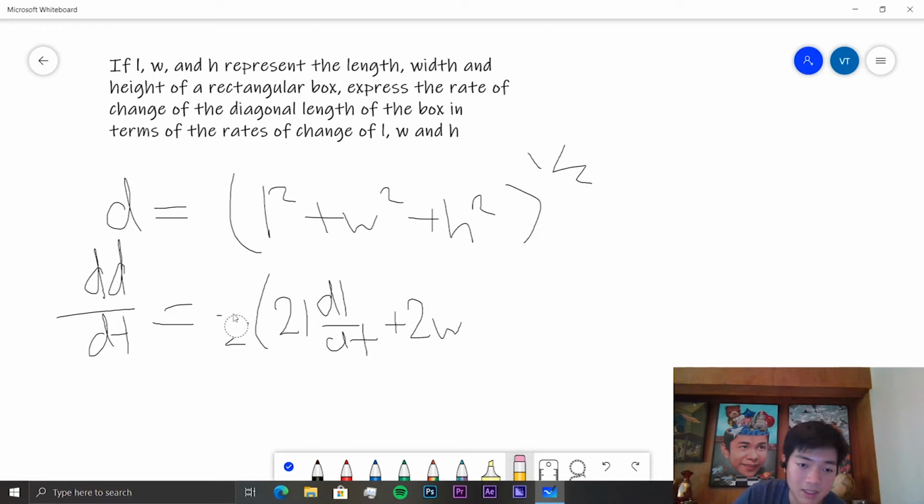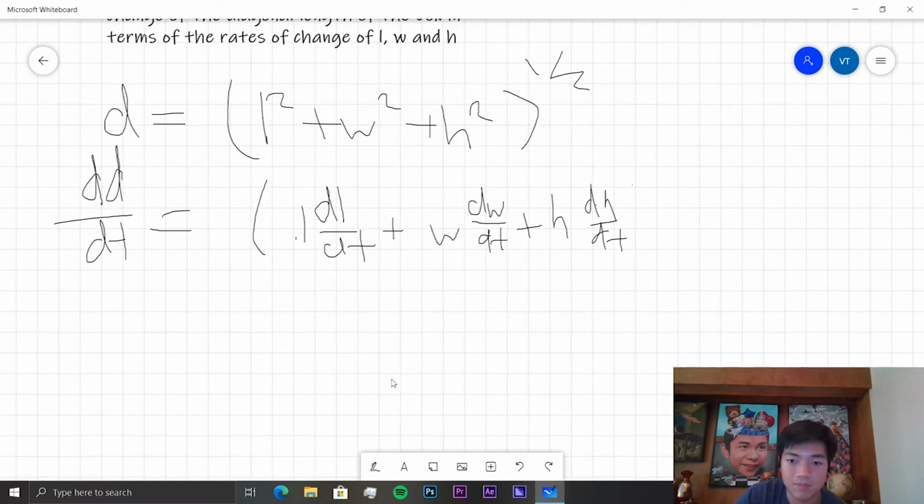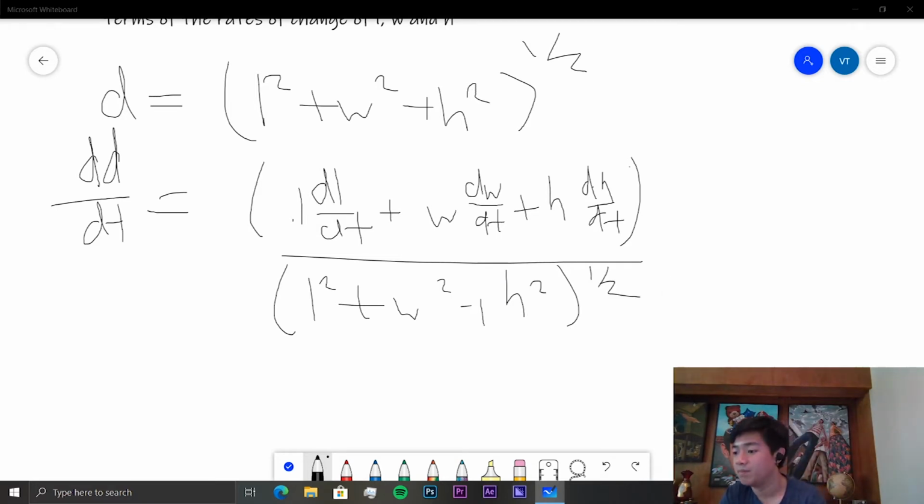So we can simply say this is going to equal L times dL over dt plus W times dW over dt plus H times dH over dt, divided by L squared plus W squared plus H squared to the power of 1/2. Yeah, that's correct. Okay, so on to the next problem.